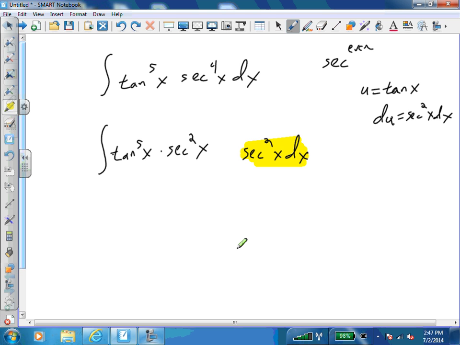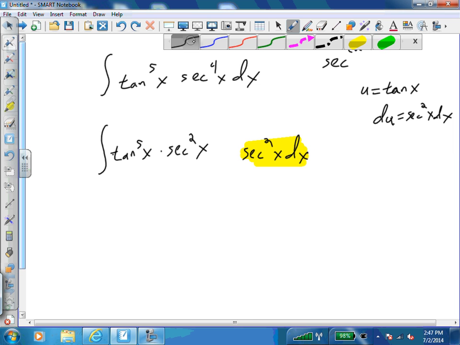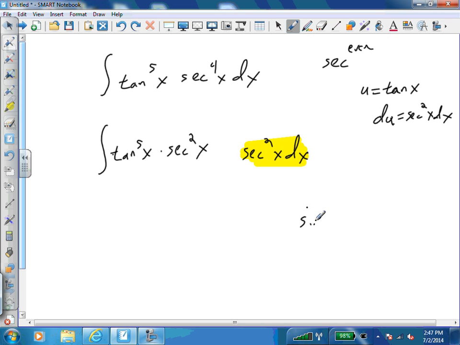Now, since our u is tangent, we want to change all of these to tangent, so that we have u's and then du. Well, we had a Pythagorean identity for that. Remember, sine squared plus cosine squared was our first Pythagorean identity.